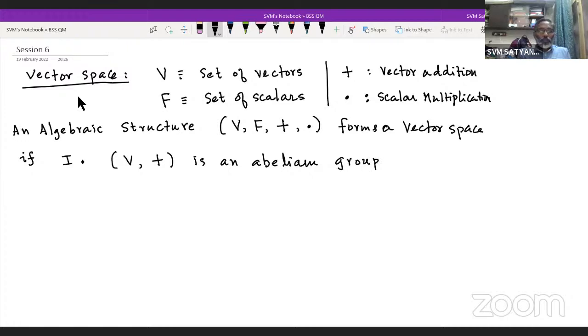Suppose you have vectors v1, v2 in V, then v1 plus v2 is also in V. That means if you add two vectors, you should get another vector in the same vector space. This property we call the closure property.